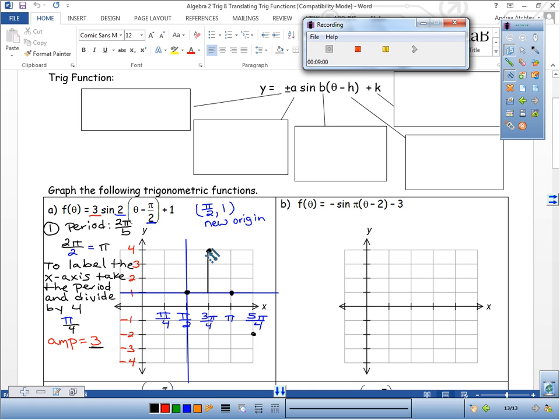So this is my amplitude. And this is the negative amplitude. Since I can't complete this because I'm on my graph, I'm going to go backwards. So from here, this would go down to the negative amplitude, then back up to the 0.